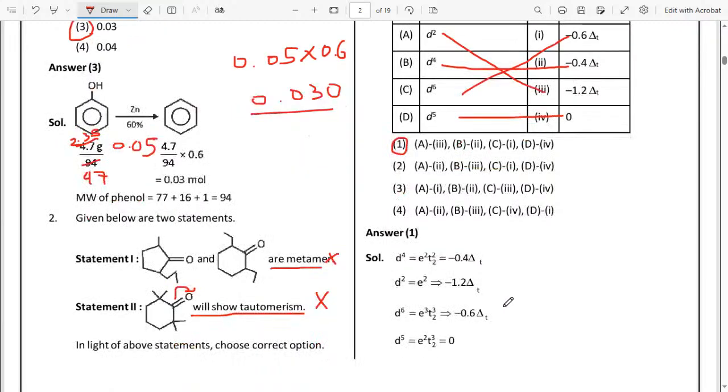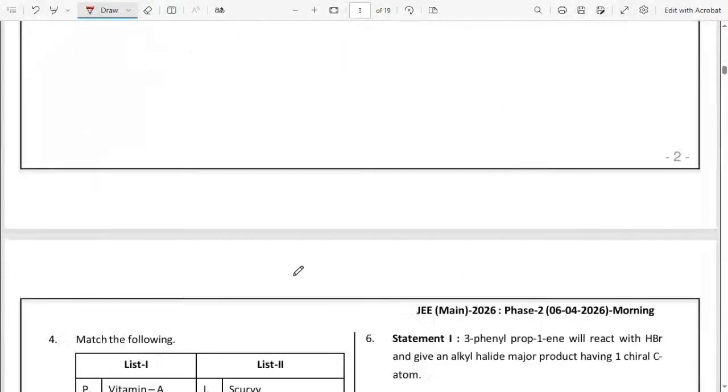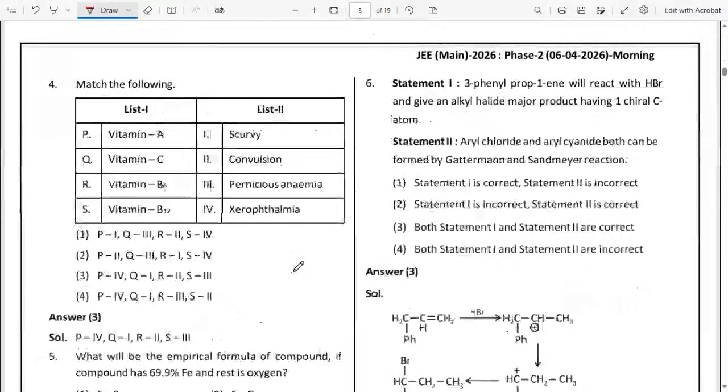Next, yes students, straight away they are asking about vitamins. Match the following. Vitamin A, what is vitamin A? Xerophthalmia, night blindness. Vitamin C, scurvy, right?